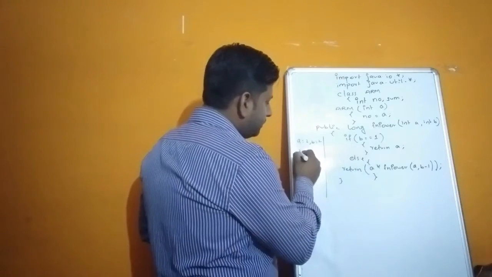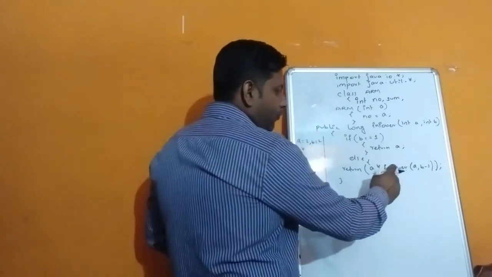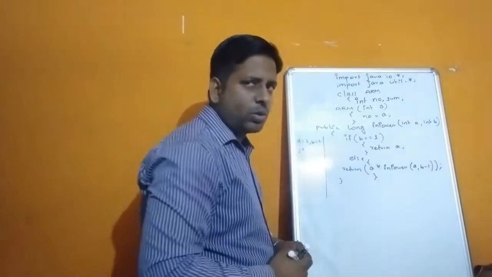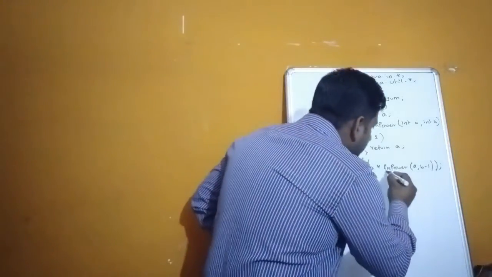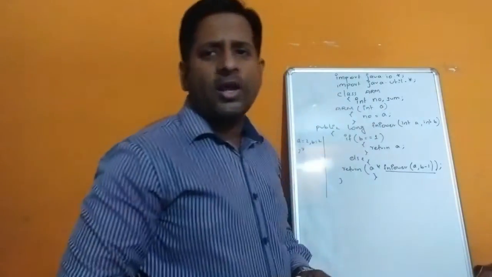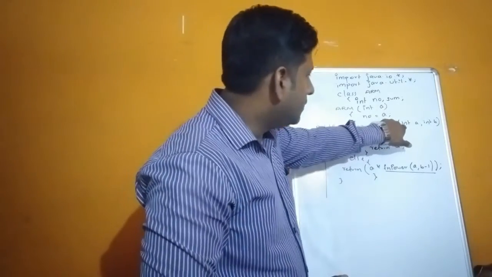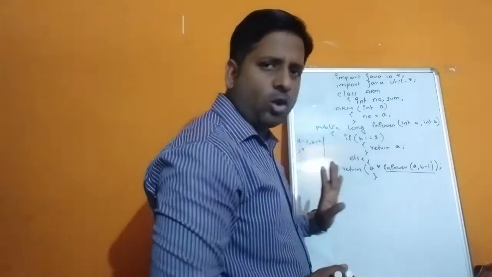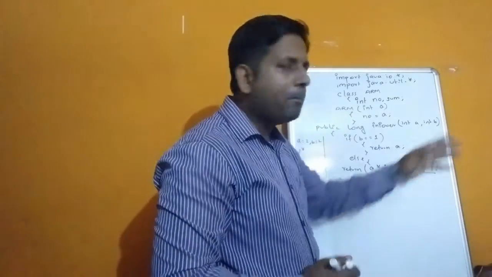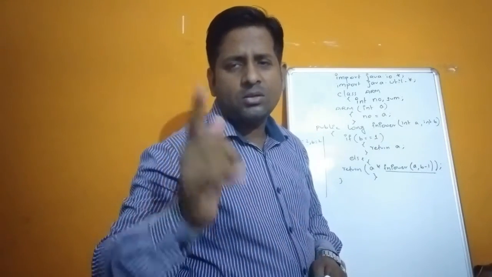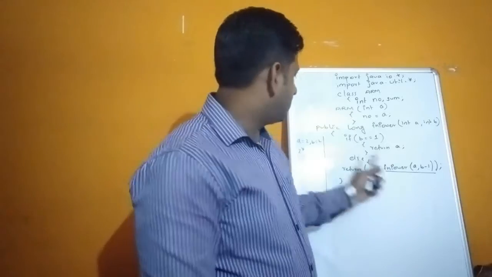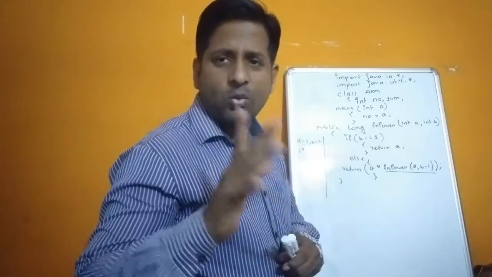A value is 2 into function power a and b minus 1. That means again here this part is known as recursion. So from here it will move up here in this part. So a value will remain the same, that is 2 only, and b value will be b minus 1, that means 1, because it was 2, so 2 minus 1 becomes 1.